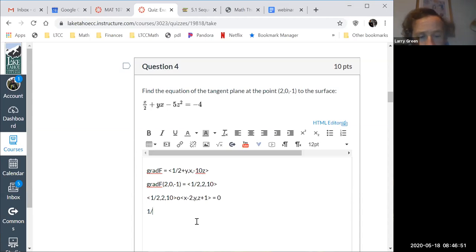So in particular, we can say 1/2 times x minus 2 plus 2y, and then plus 10 times z plus 1 is equal to 0.